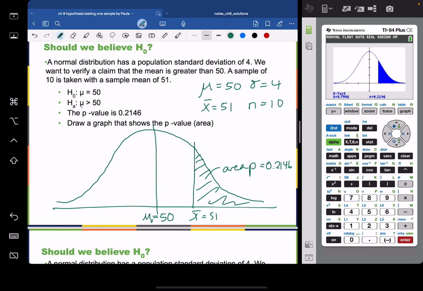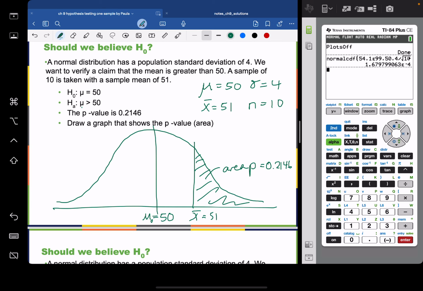And if I quit out of here, you can see that a second ago, I had just done a normal CDF process, 2nd, DISTR, normalcdf. This time I'll do 51 to 1e99, mu is 50, and sigma is 4 divided by the square root of 10. If I do this, I will get that area P, and I must have screwed something up.